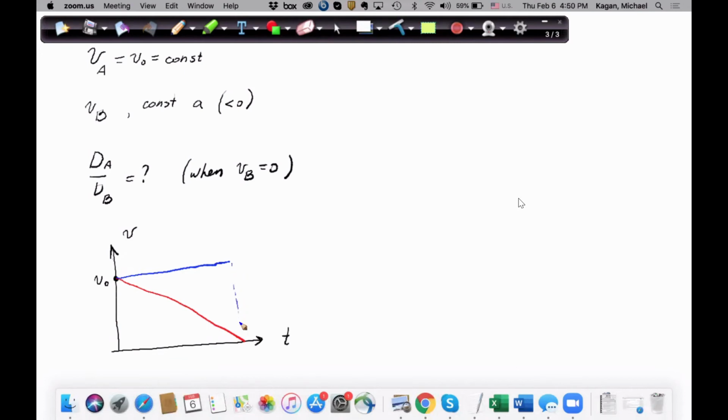And then as you know, the distance is represented by the area. We need to find the ratio of two areas, and that ratio is what? Yeah. What's the ratio of areas?